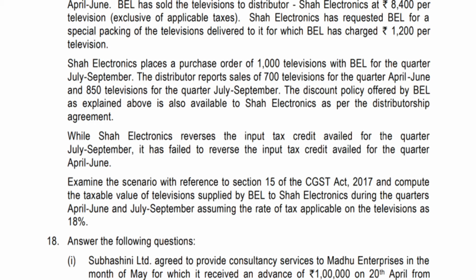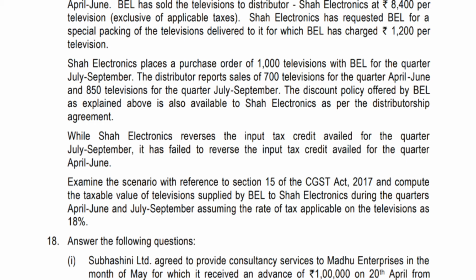The जो discount का agreement है, that agreement must have been entered prior to the supply and specifically linked to the invoice. जो ये हम product बेच रहे हैं इससे linked होना चाहिए. Second, जो input tax credit है वो reverse हो जानी चाहिए उस quarter में. अगर ये दोनों कंडीशन कंप्लीट होती हैं then you can avail the discount, else you can't avail the discount.